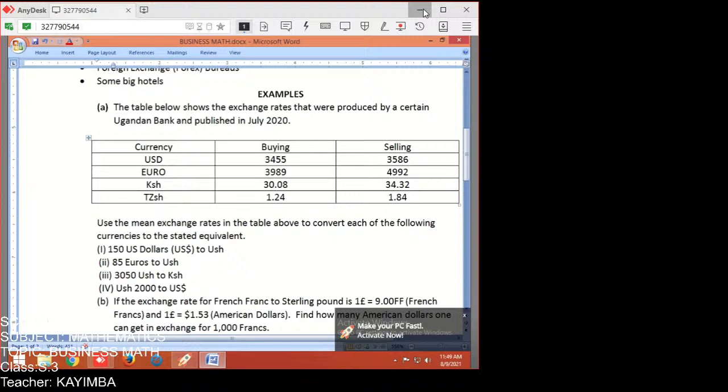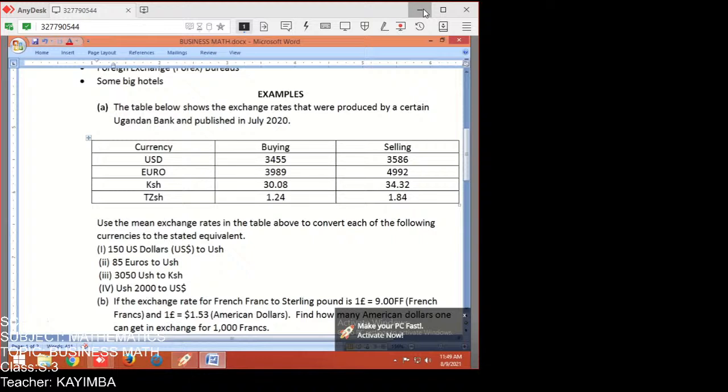That is very correct. So these are the US dollars that we are supposed to get, 0.568 something. Others, you can also keep on sharing your solutions.